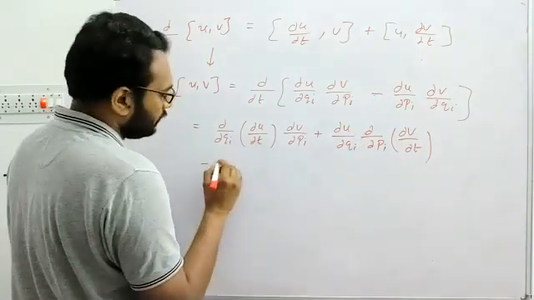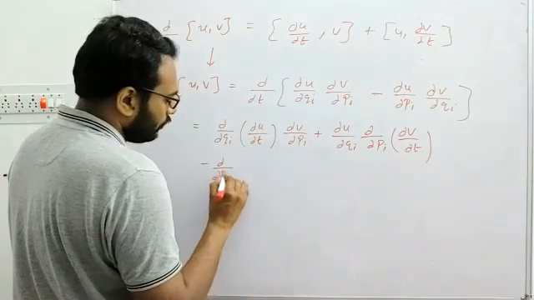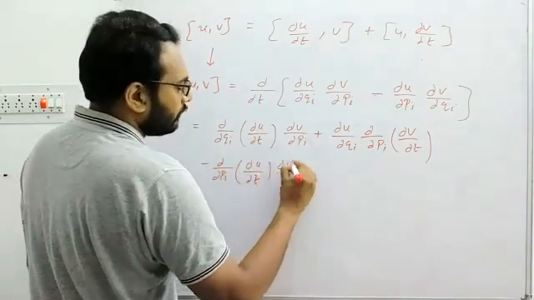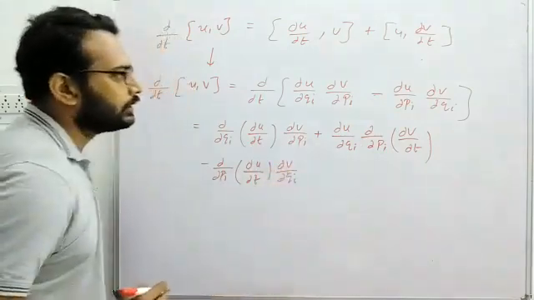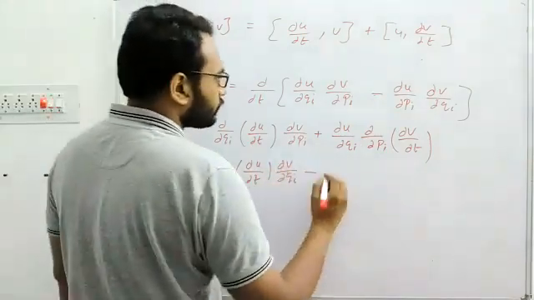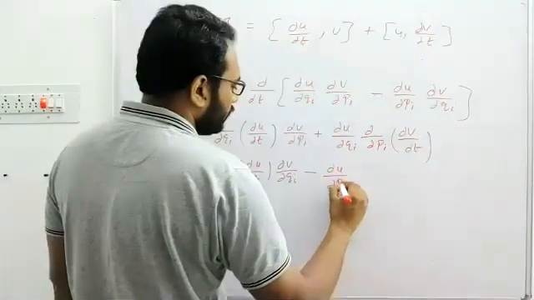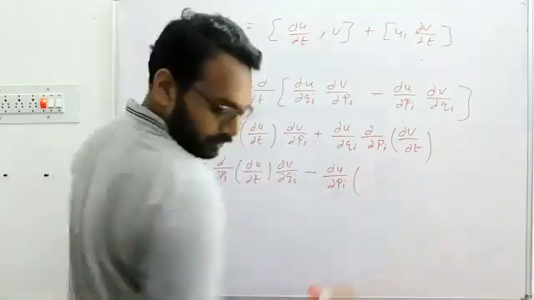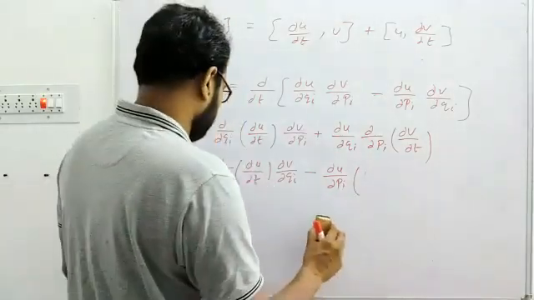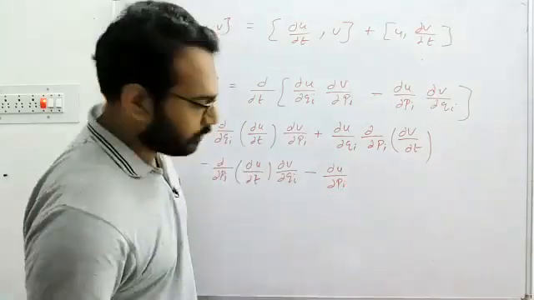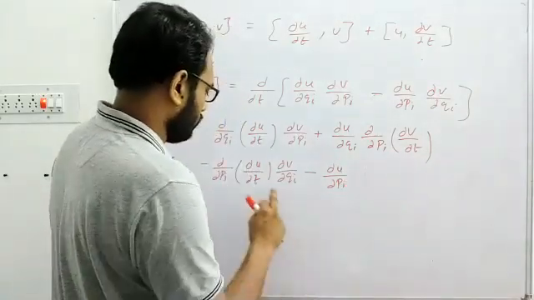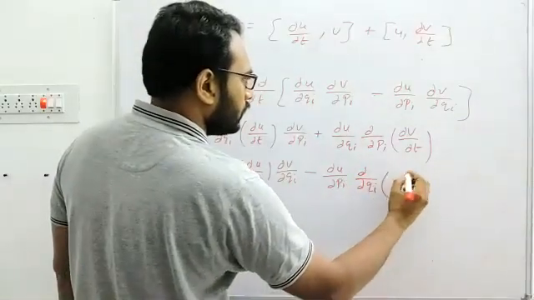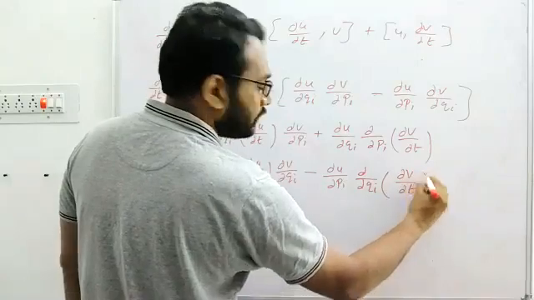You do the same thing: ∂/∂pi of ∂u/∂t times ∂v/∂qi, minus ∂u/∂pi times ∂/∂qi of ∂v/∂t.